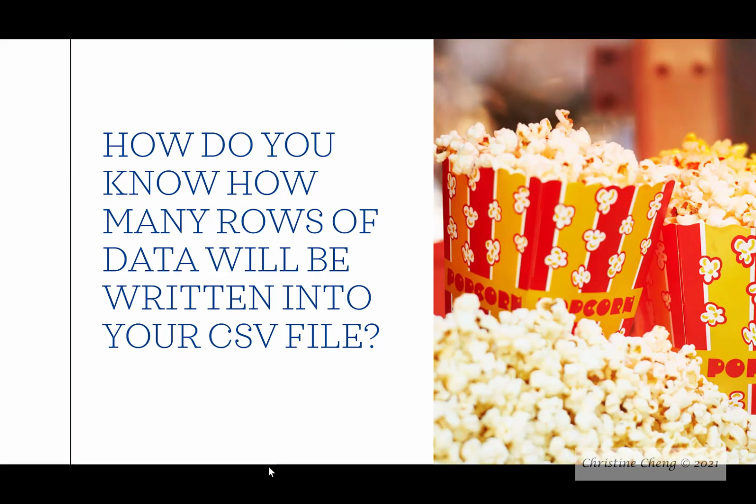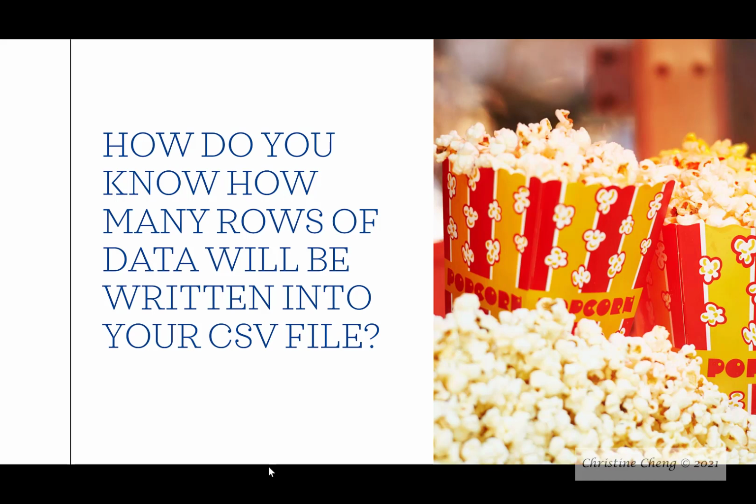The basic problem that we're trying to solve is, how do you know before you run your bot how many rows of data will be written into your CSV file? The reality is the number of rows or records shipped into our state depends on how much people in our state enjoy popcorn and what size and flavor combinations they prefer.